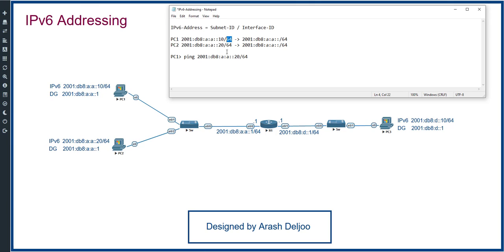Here, we need to compare the first 64 bits with the first 64 bits of the destination, and both of them are the same. This means that PC1 can understand that the destination is residing in its network, and it can send traffic directly to PC2 after discovering the MAC address of PC2 with some protocols such as NDP, or Neighbor Discovery Protocol.